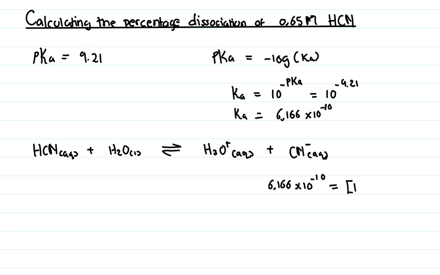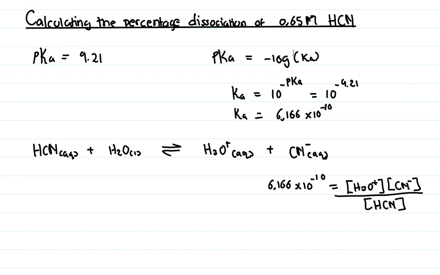So we have H3O plus and the concentration of CN minus, and then divide that by the concentration of hydrogen cyanide, HCN.